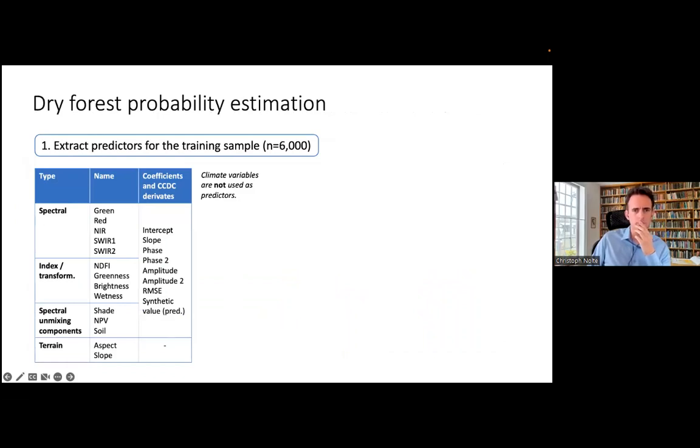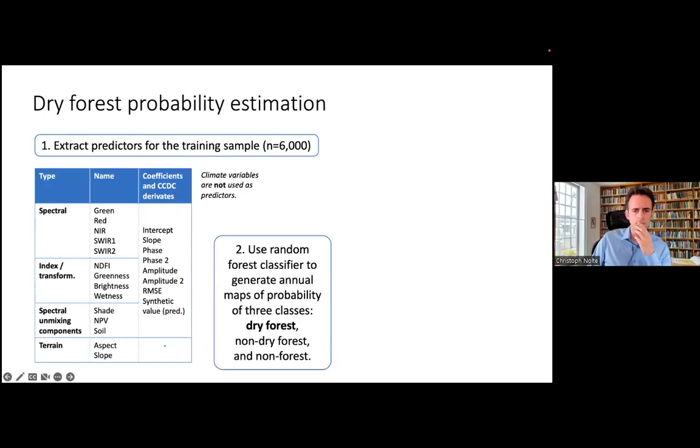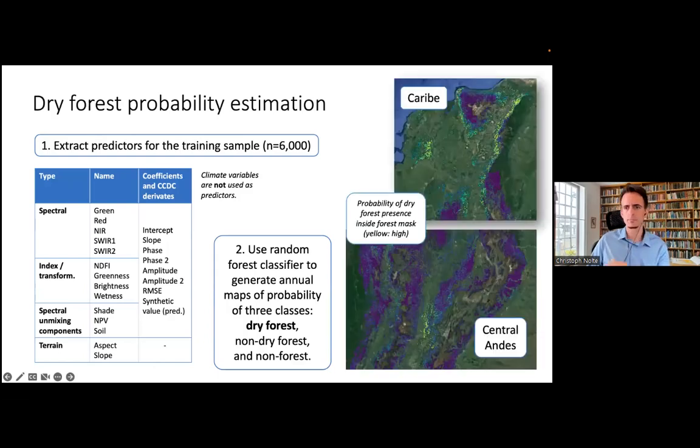And basically, just to summarize, we use the climate envelope to extract training data, and then we use CCDC to develop the spectral temporal metrics that are used for classifying the probability of dry forest throughout our entire study area.